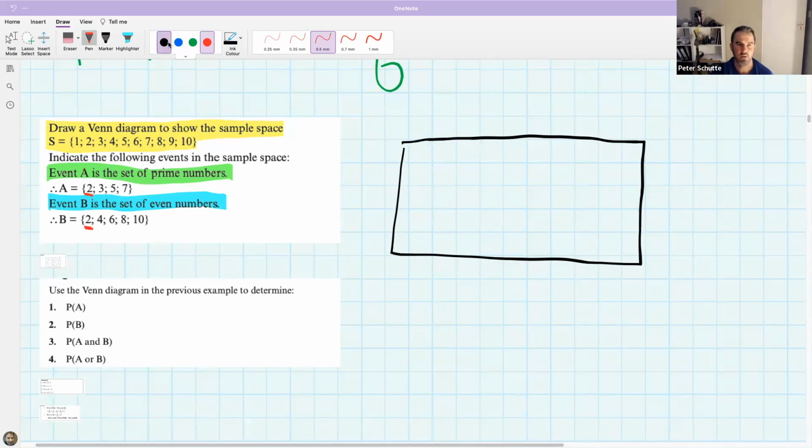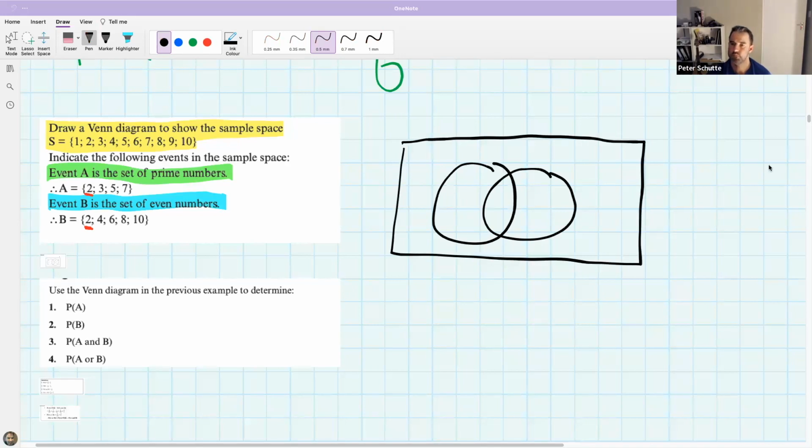And so because there is an item that is in A and B, we can have overlapping circles. So that would be a 2.